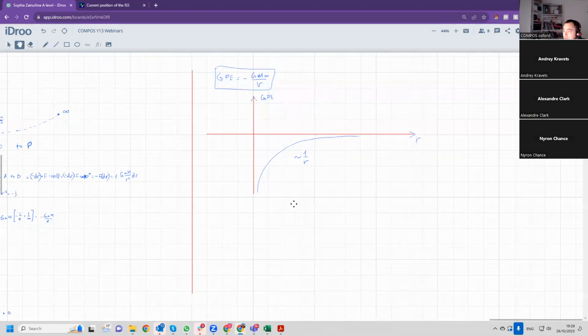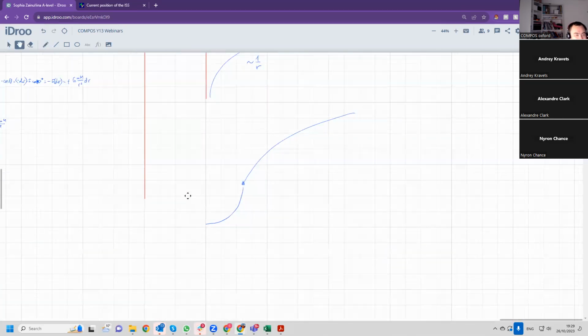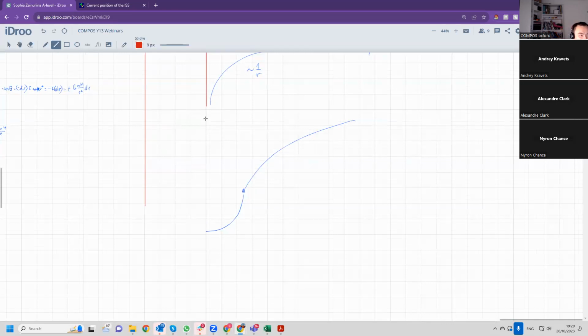It's definitely quadratic, but then it curves like this, and then something happens at this point. Oh yes, okay, I remember now. Thanks to you, I remember now.